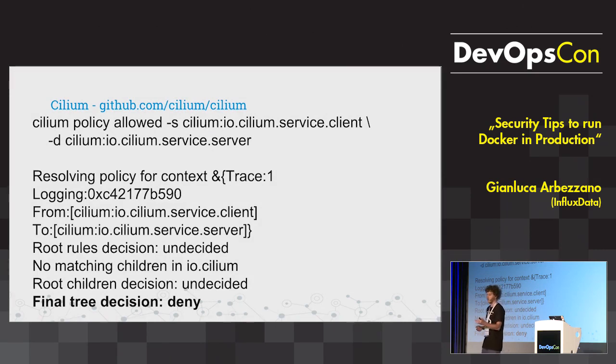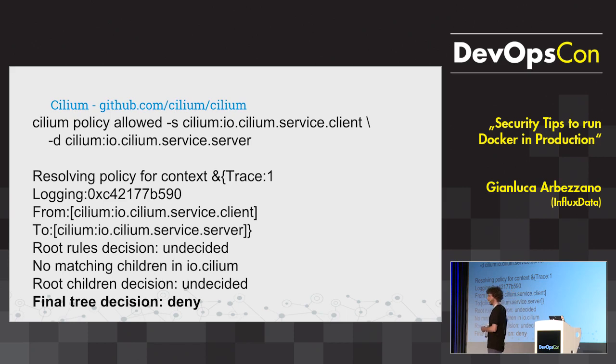What you can also do is ask Cilium about the status of the labels with the command cilium policy allowed. I'm asking Cilium if the source, the Cilium service client, is able to speak with the destination. The option d is the destination.